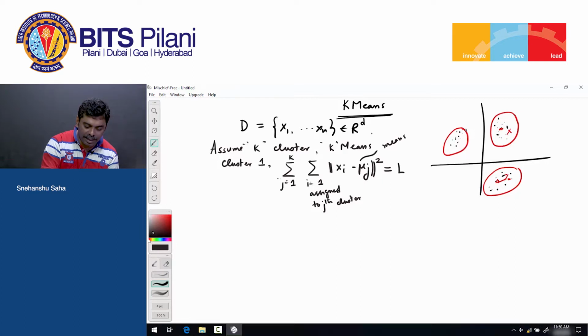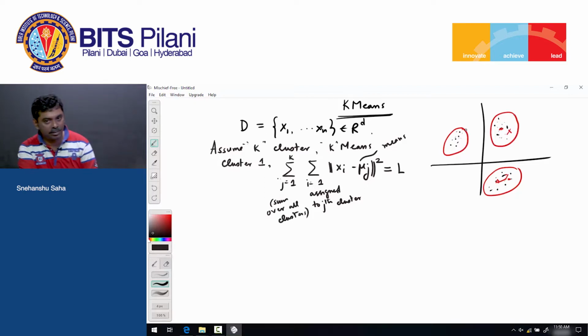Then what I also do is we sum over all clusters. This is the distance that we need to minimize, because I assign one data point to a cluster j, and we have a bunch of clusters, so we take the sum of all of that. And that whole sum has to be minimized in order to determine whether xi enjoys appropriate belongingness to cluster j.